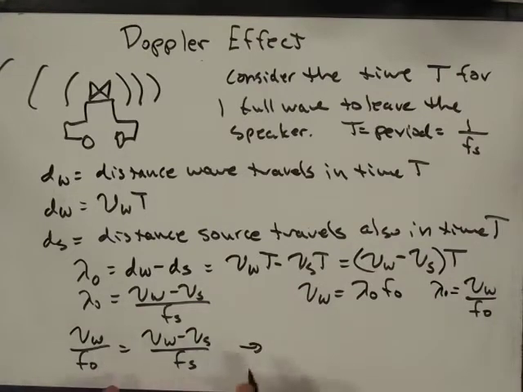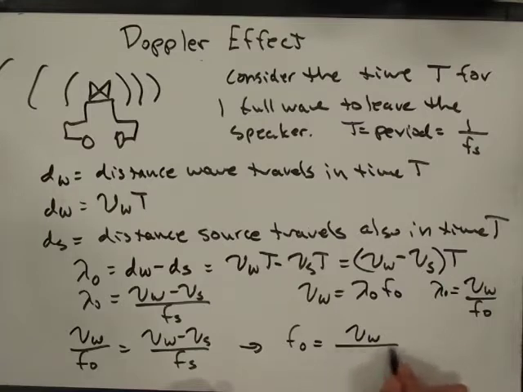I'm going to solve for f0, so I'm going to multiply this side by f0 and divide this side, and you get f0 is equal to the velocity of the wave over the velocity of the wave minus the velocity of the source times the frequency of the source. And so this tells me the frequency I hear in terms of the frequency the car plays times the velocity of the wave and the velocity of the car.